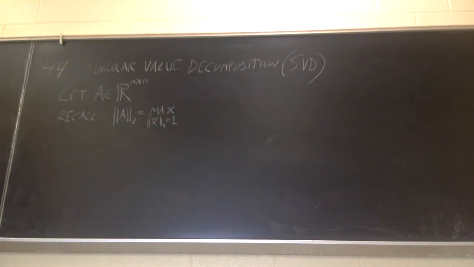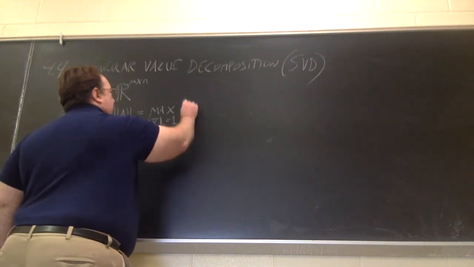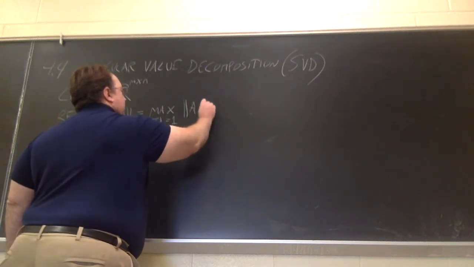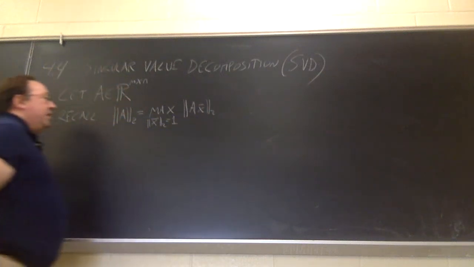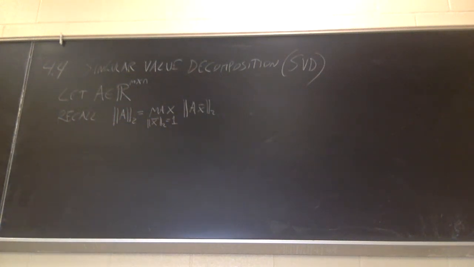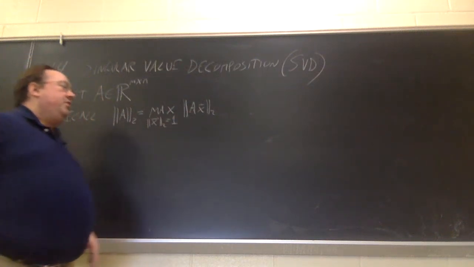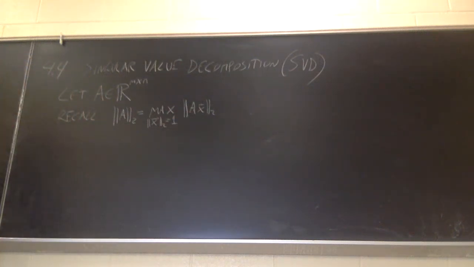So all vectors with a Euclidean length of 1 in n-dimensional space. The maximum of the vector 2 norm of A times x. So you have a unit vector. The 2 norm is the greatest extent to which the Euclidean length of a vector can be amplified through multiplication by A.